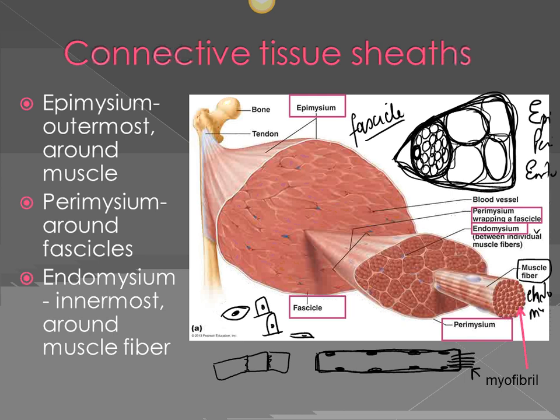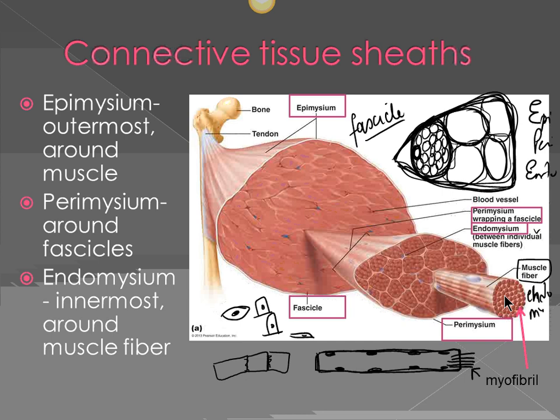Myofibrils do not have their own covering. It's only the muscle, the fascicle or bundle, and the muscle fiber or cell which have a covering. Beyond that, there are no separate coverings, so myofibrils don't have any named covering of their own. Now we are going to go from the muscle to the myofibril, and to make things even more confusing, the myofibrils are in turn made of something else.